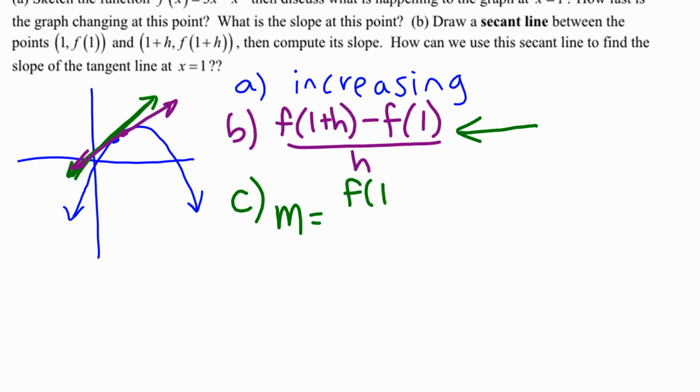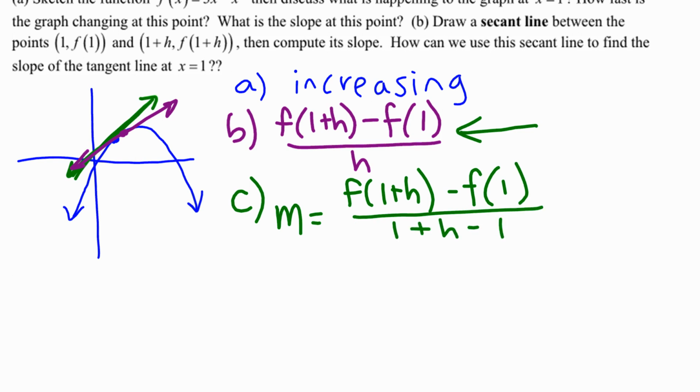And we're going to do f of 1 plus h minus f of 1 all over 1 plus h minus 1. Change in y over change in x. All right, so we have 3 times 1 plus h minus 1 plus h, quantity squared, minus f of 1. You plug in 1, you get 3 minus 1, which is 2.